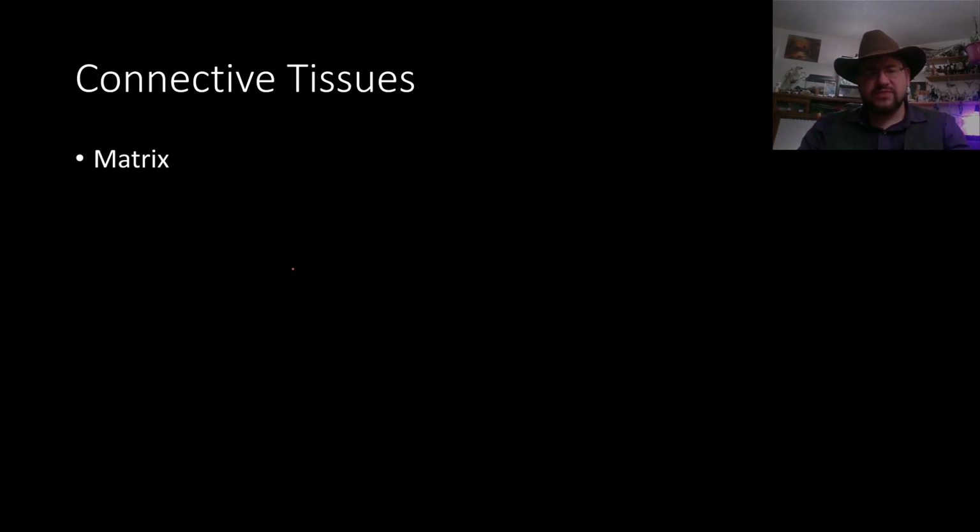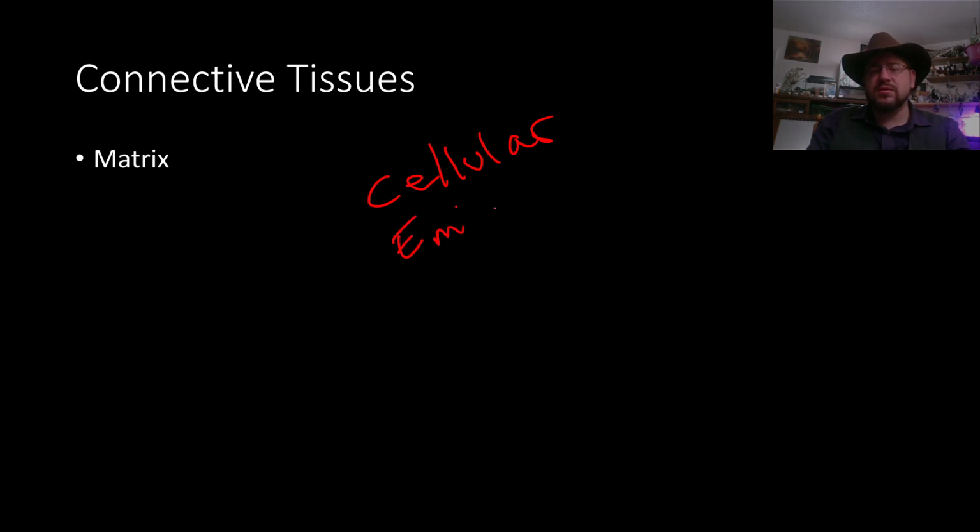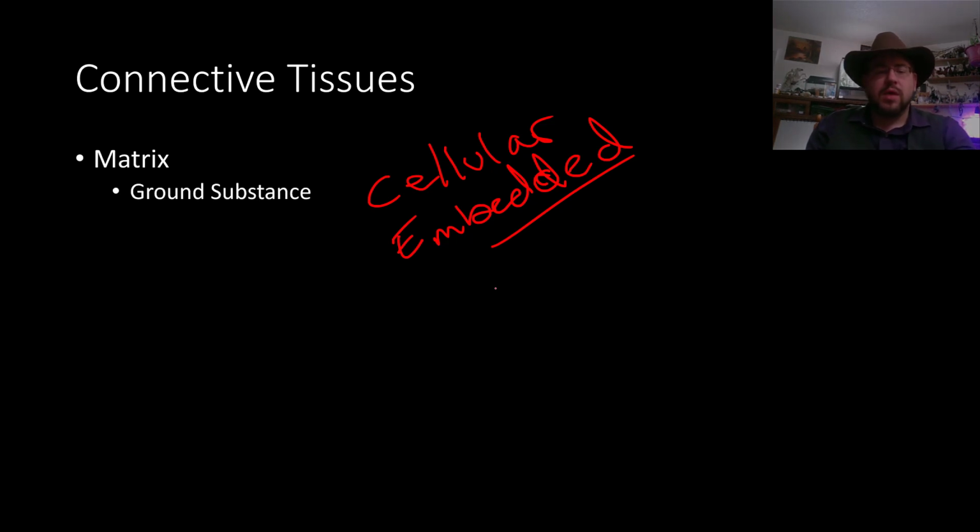Now, all connective tissues consist of the cellular components, and the cellular components are embedded in a matrix. A matrix consists of a ground substance and various types of protein fibers.